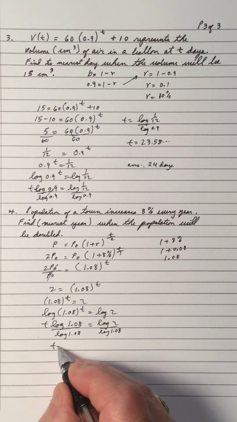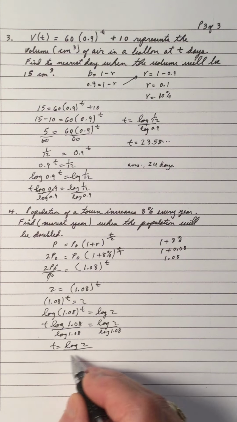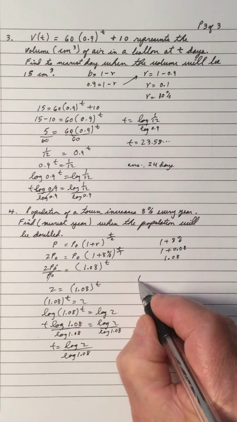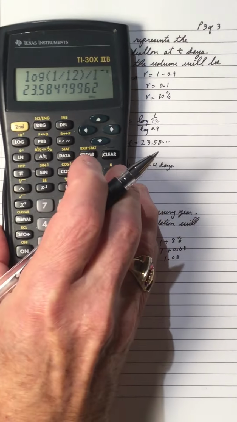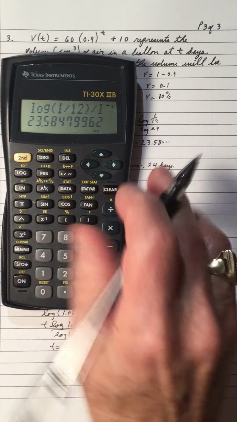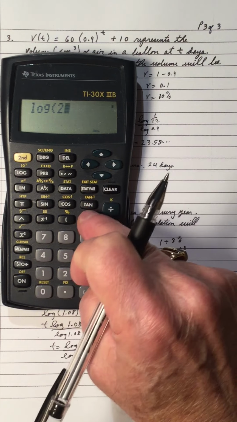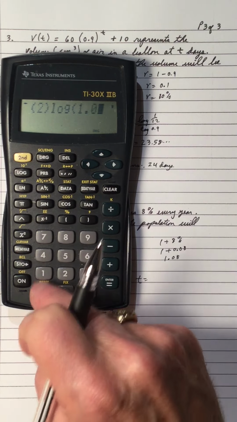So t is equal to the log of 2 divided by the log of 1.08. Use my calculator now. Here we go. So we have the log of 2 divided by log 1.08.